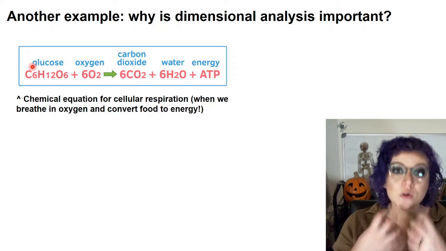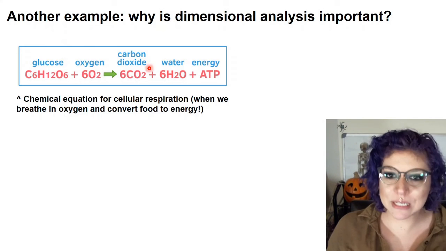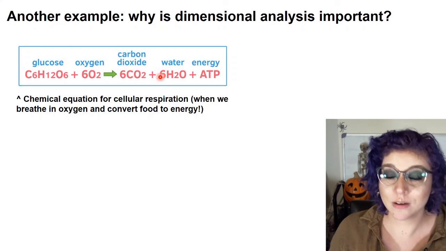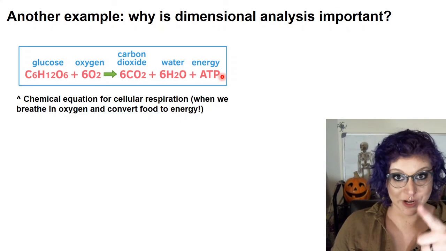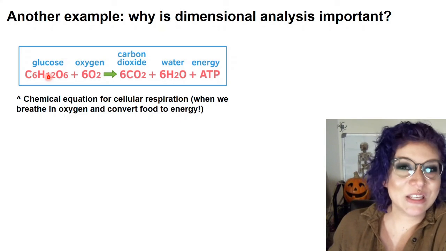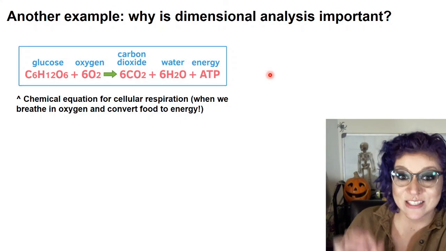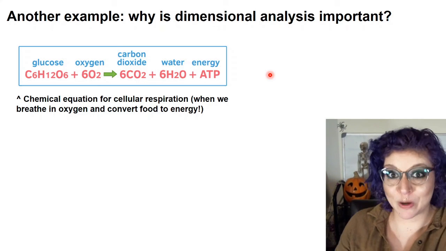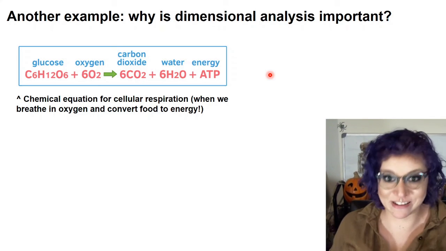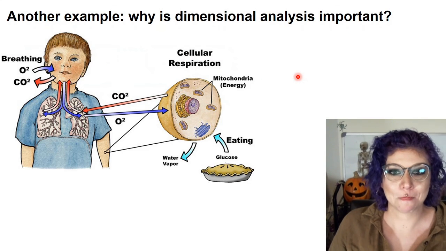So we take in food and oxygen, and we breathe out, right? Carbon dioxide and water vapor, but we get energy out of it. So again, these numbers are specific. It has to be in this certain ratio for this process to create the energy, the water, the carbon dioxide.